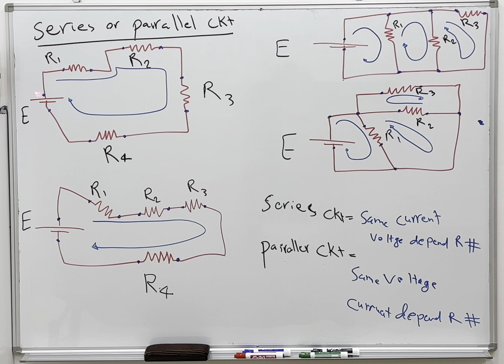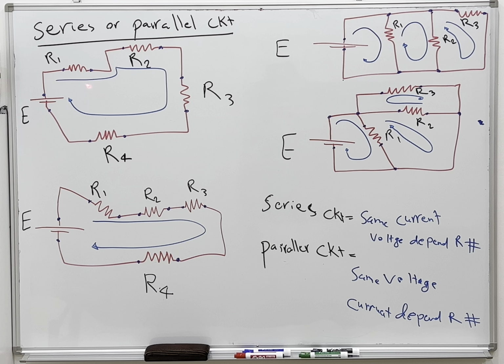So here is positive and here is negative. This source is shared with this resistance at one point. You will see this first terminal is the first terminal of R1. It's shared at one point, but the second terminal of E doesn't share with R1. So probably it's a series.